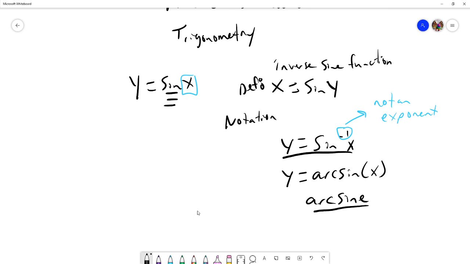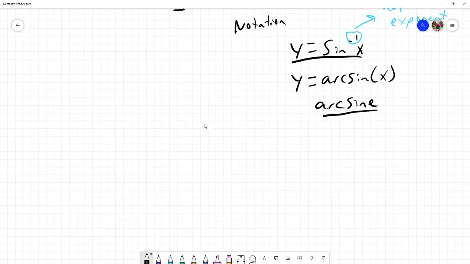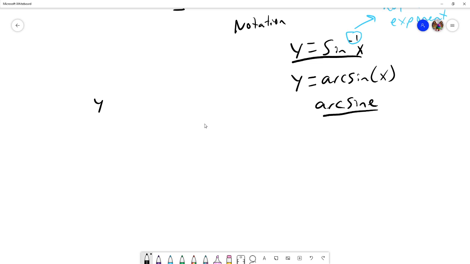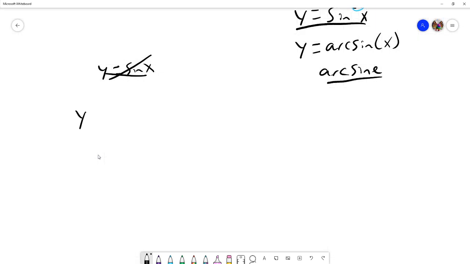Alright, so what we need to do is come up with a table of values. If we have y equal to sine x, we want to figure out what happens with arcsine. So actually, I want to make a table and not have the equal sign here.